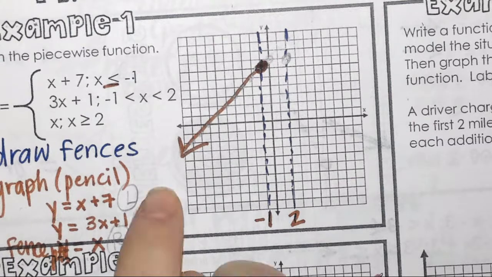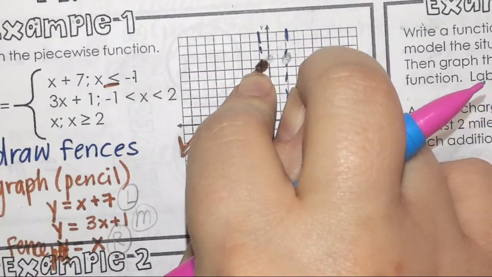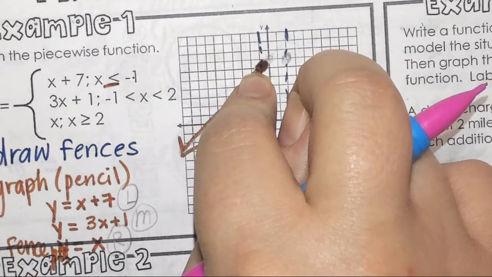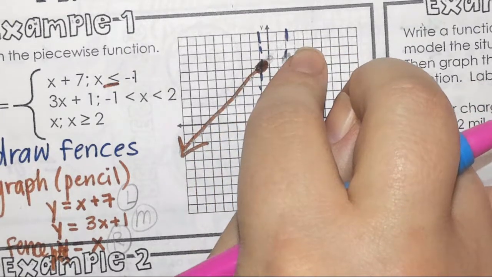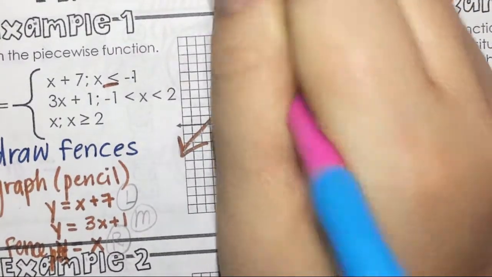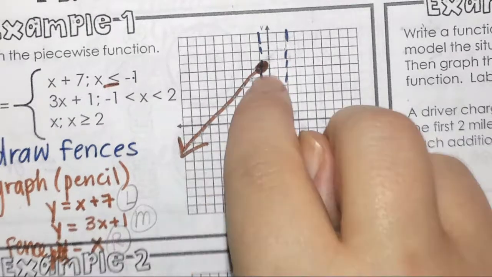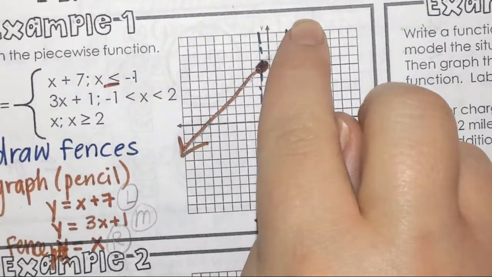We're not going to do anything weird with those fences. All we're doing is, if our line happens to touch the fence, that's when we start questioning things. But we do not start our line on the fence. So, y equals x plus 7: you put your point at 7 on the y-axis, then up 1 over 1, up 1 over 1.